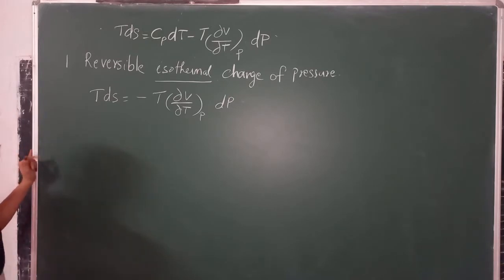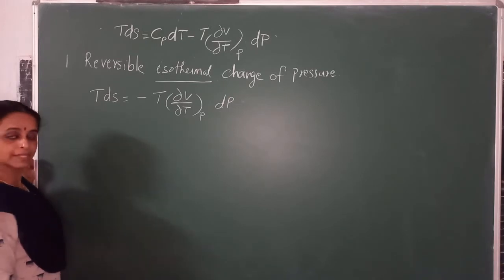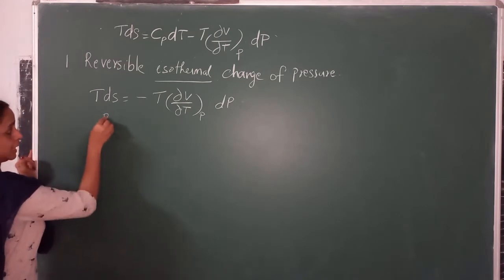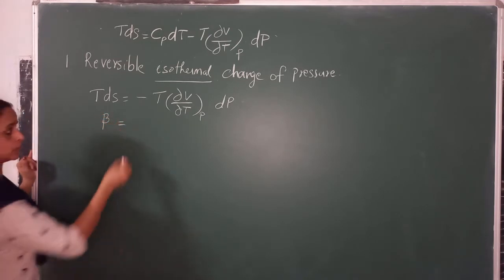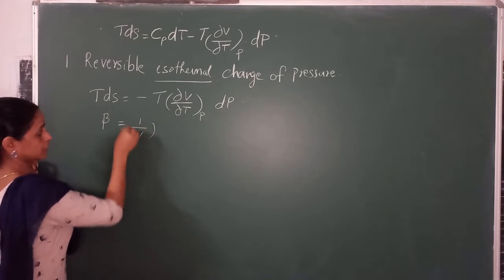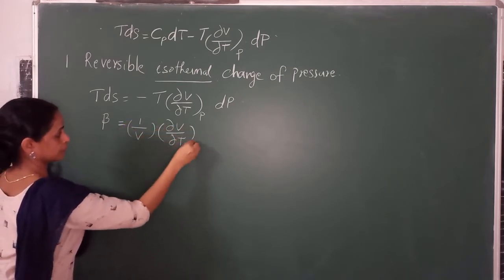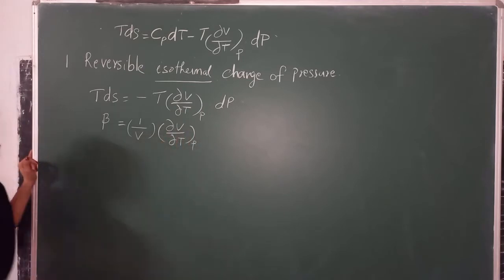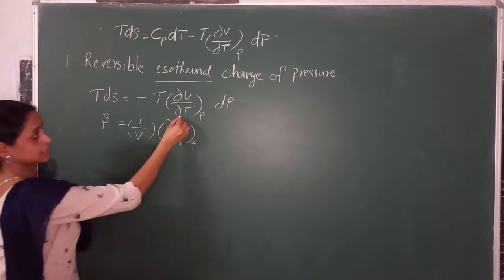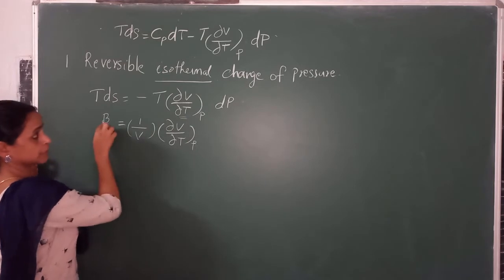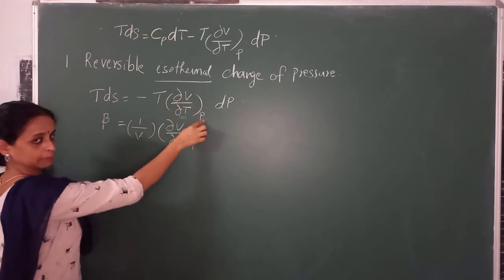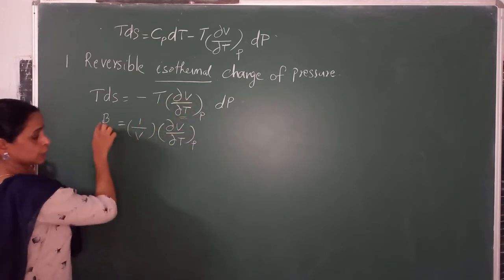We have the equation for volume expansivity beta: beta is equal to 1 by V into (dou V by dou T) at P. So we can replace (dou V by dou T) at P by V into beta.